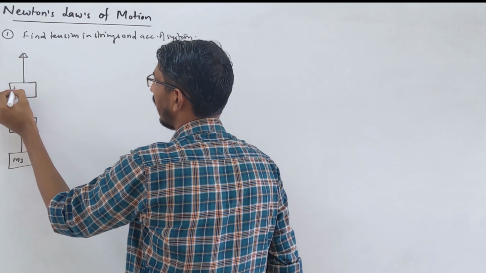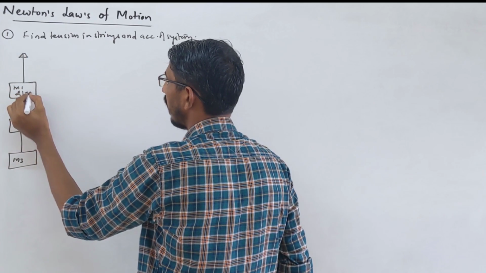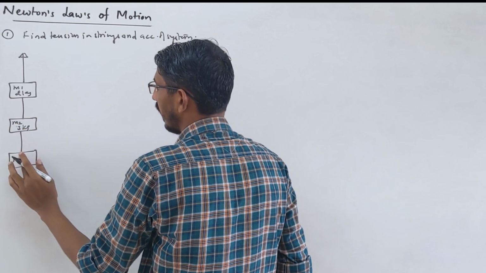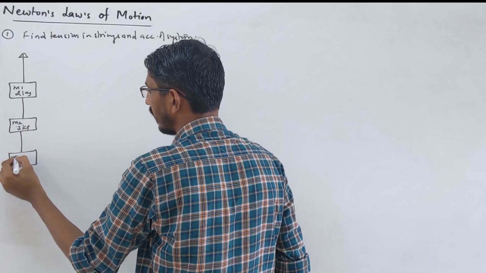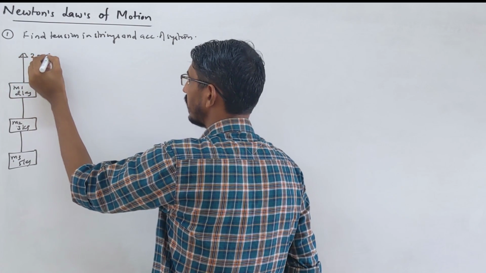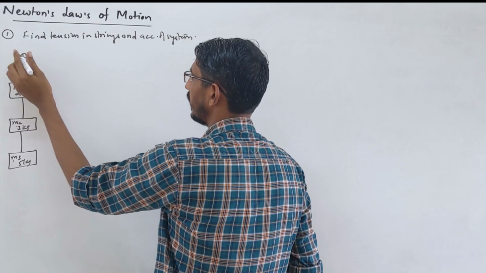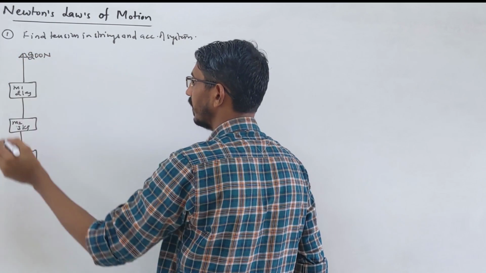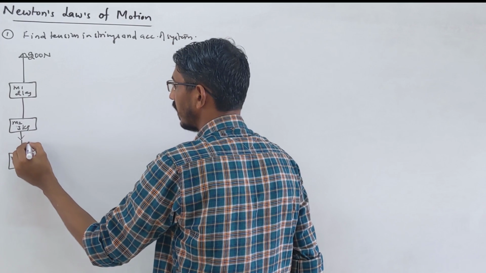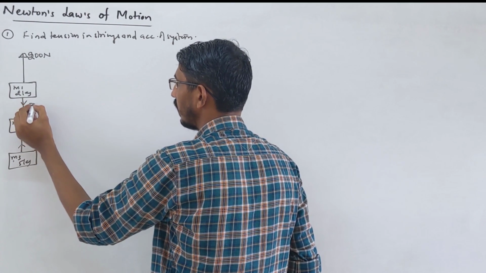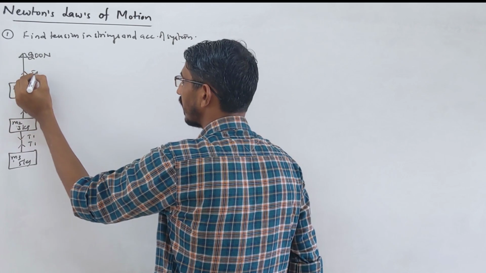Let's give values also. M1 we say is 2 kg, M2 is 3 kg, and M3 let's say is 5 kg. The force applied here, let's say 200 Newton. We have to find tension in these strings. Let's call T1 here, T2 here, and T3 here also.